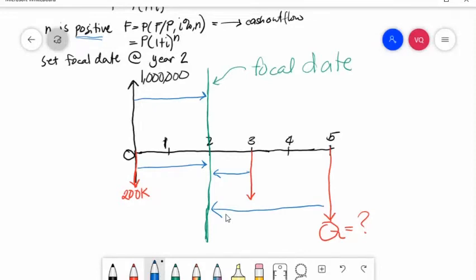Now, same procedure as in our example 1. Upper obligations equal to the lower obligations. So, ano yung mga upper obligations natin? Isa lang, 1 million. So, we will equate it to the lower obligations.